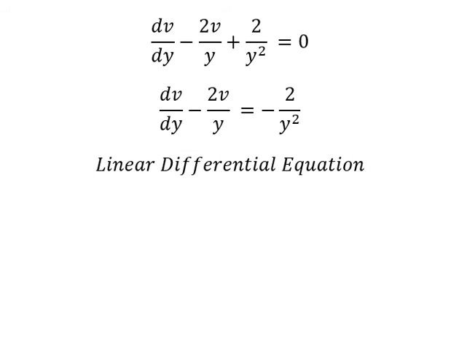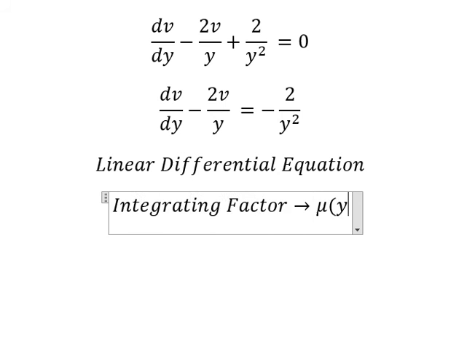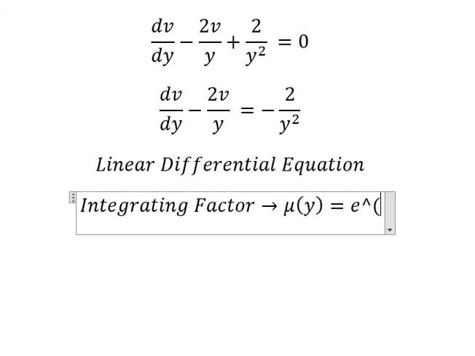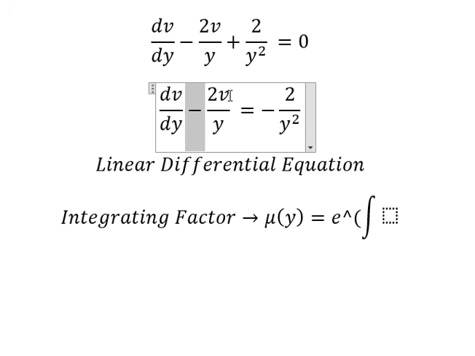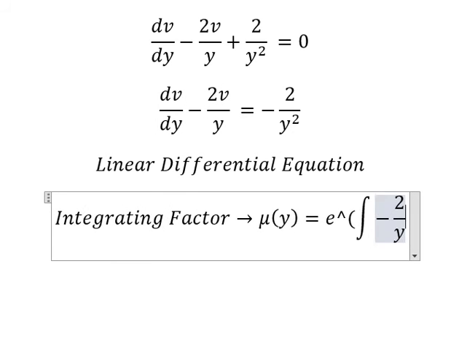So we need to use an integrating factor. So we need to find mu of y equals e to the power of the integration. We see that negative number 2 over y next to v. This is the integrating factor.